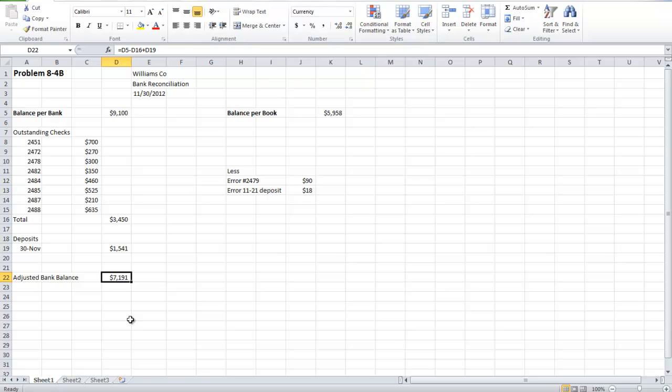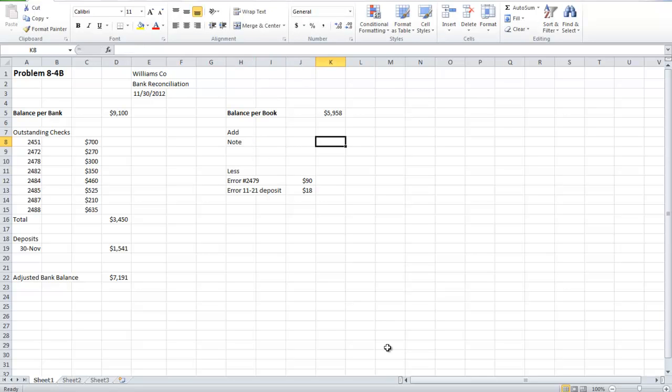Okay. So what this means is the bank has collected this money for Williams and put it into the account, meaning that it has already been included in the bank balance. So we want to add this to the deposit balance.